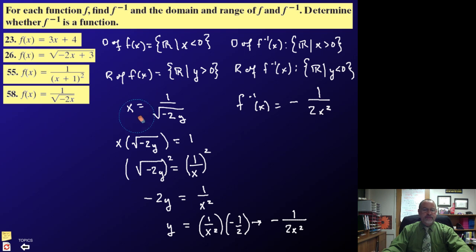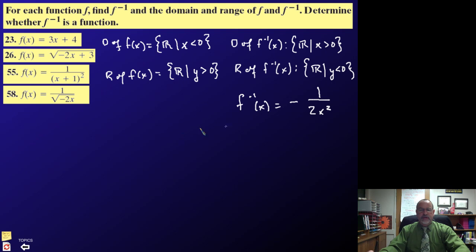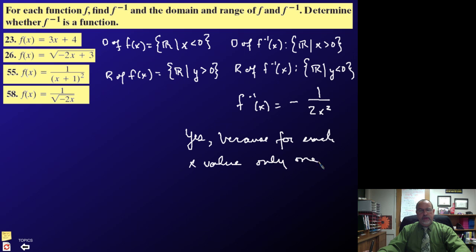So I have my inverse function, and now I need to answer the question, is this inverse function, I already called it a function, it's actually a relation right now, is this inverse relation actually a function? And because there's no plus or minus, the answer is yes. And the explanation is because for each x value, exactly one y value is produced.